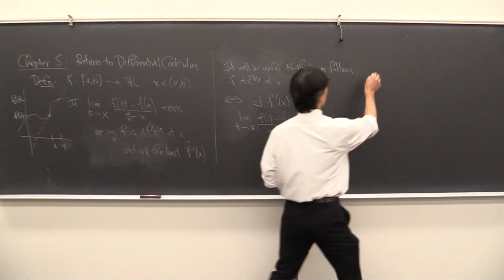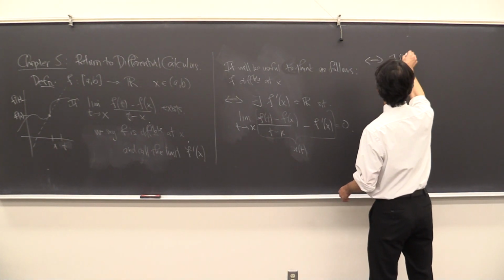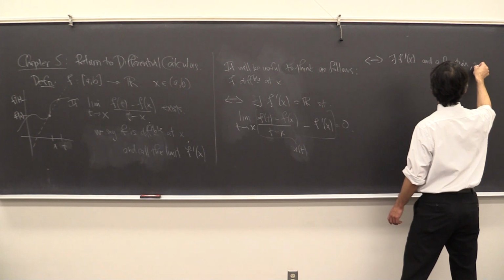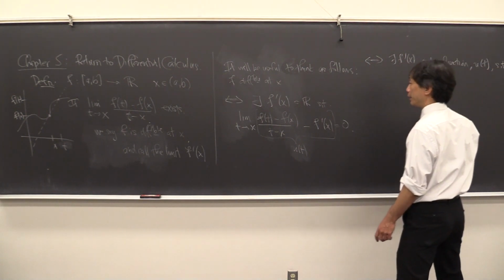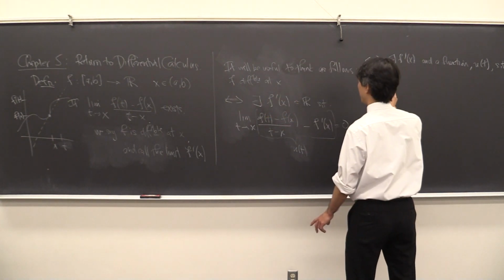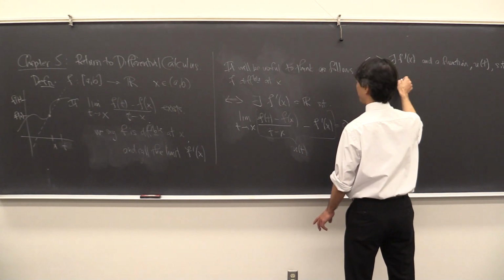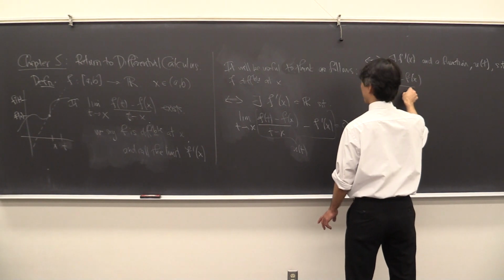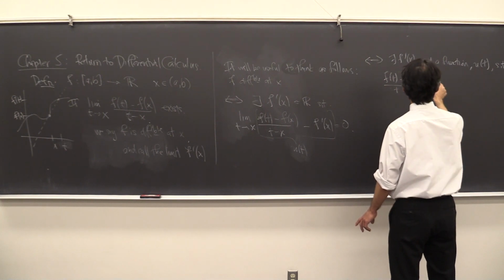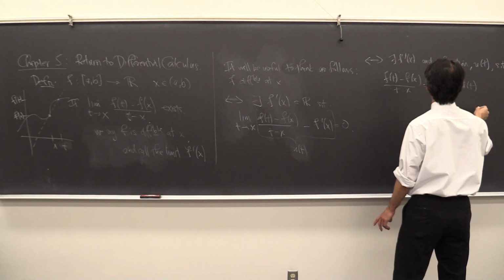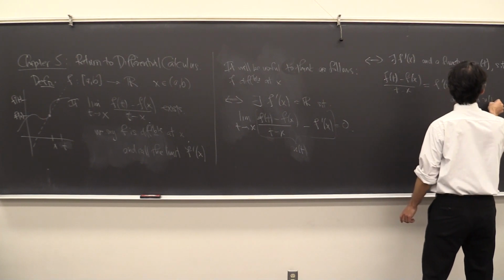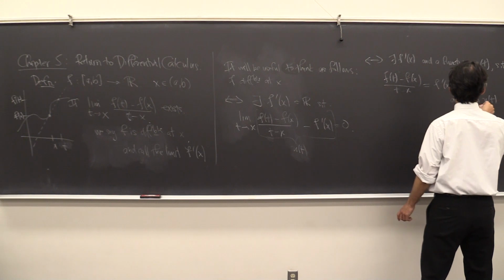So another way of saying this is that there exists an f prime and a function u of t such that (f(t) minus f(x)) over (t minus x) equals f prime of x plus u of t, and the limit of u of t as t goes to x is 0.